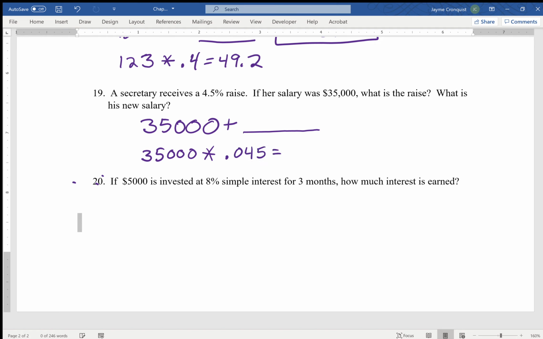We put this in our calculator. 35,000 times 0.045, $1,575. So we add that to her current salary, or his current salary, and we get $36,575.